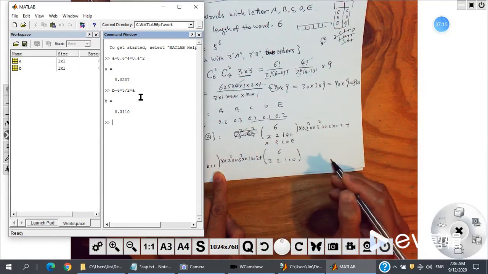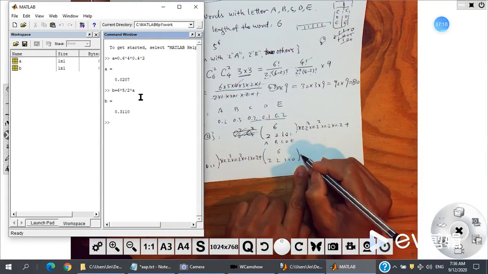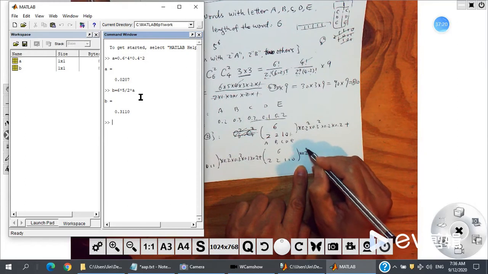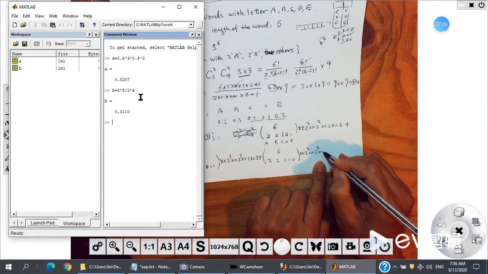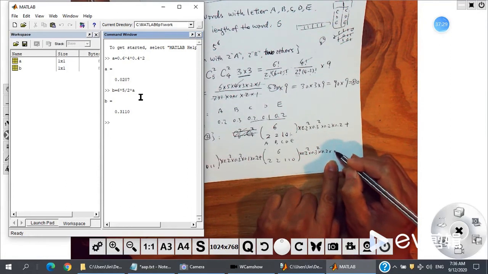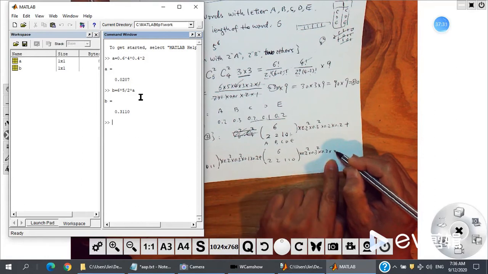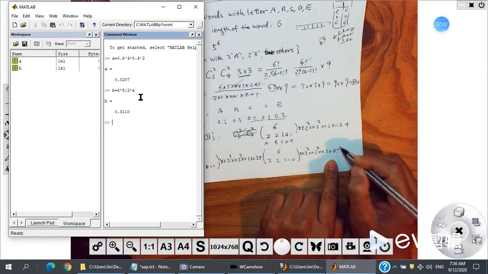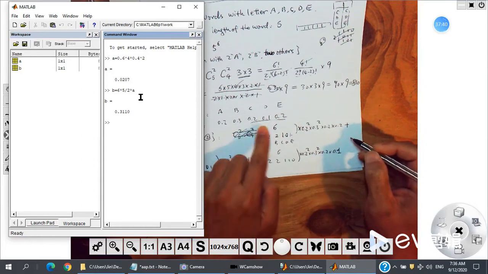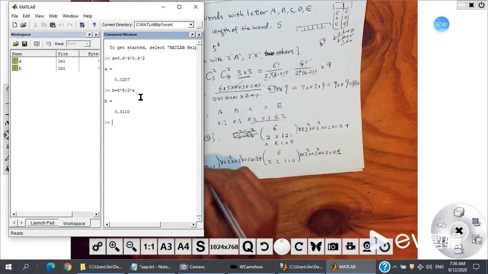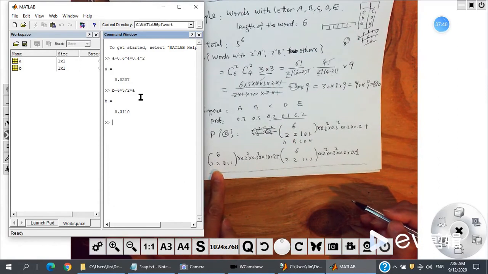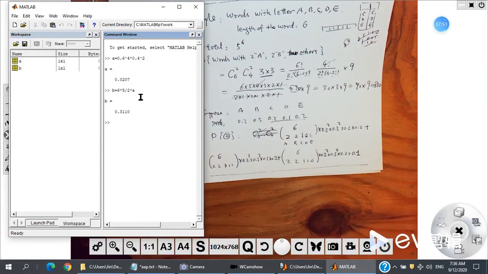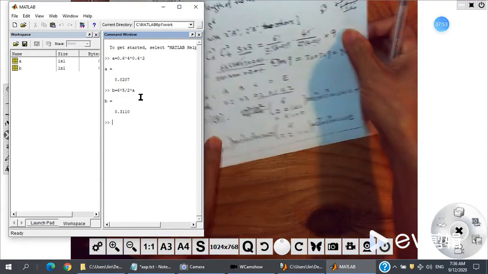And the last term, I still have 2 of A, 2 of B, 1 of C, and 1 of D. D is 0.1. So the whole probability will be this sum. Then let's calculate the answer.